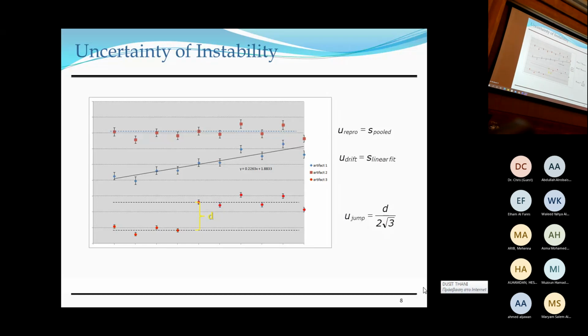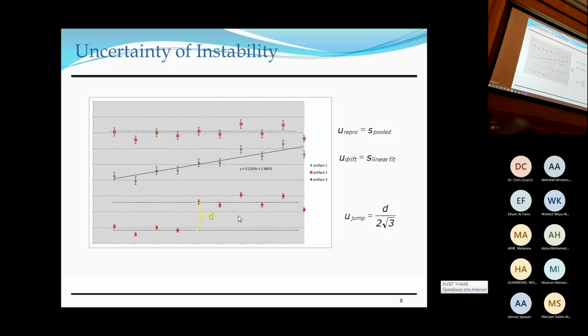The third type of instability is a jump. So I might have up to one time a certain value, and then something happens, I don't know what exactly, and then the values from then on are dispersed around a different average.